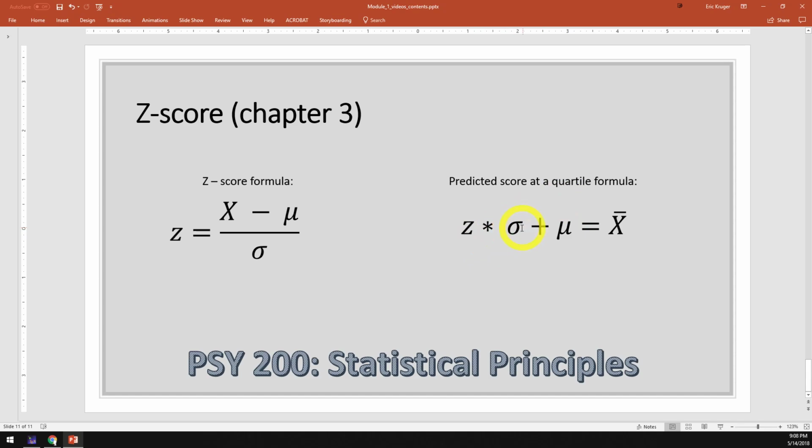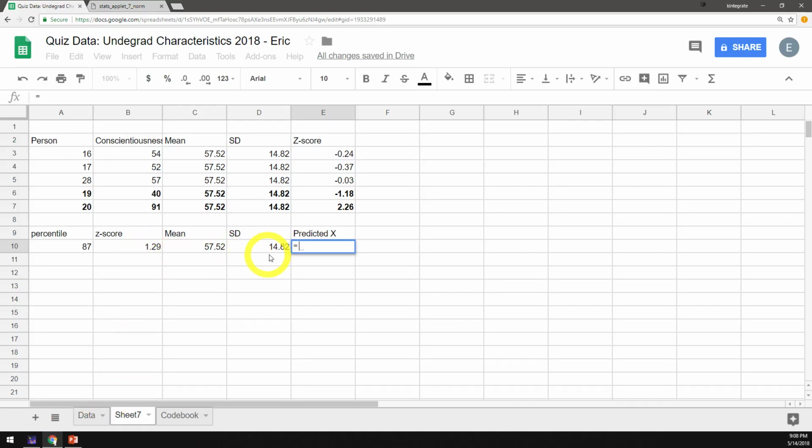It's z times standard deviation plus the mean. So we take z times standard deviation, add the mean, and we get a predicted score of 76.64. So that is their predicted score at the 87th percentile.